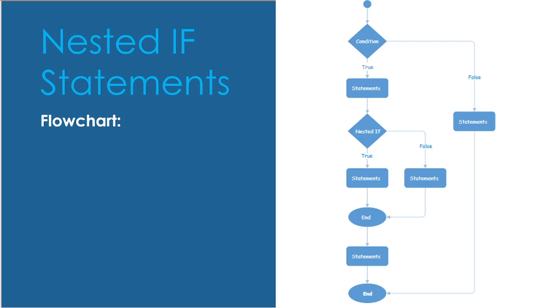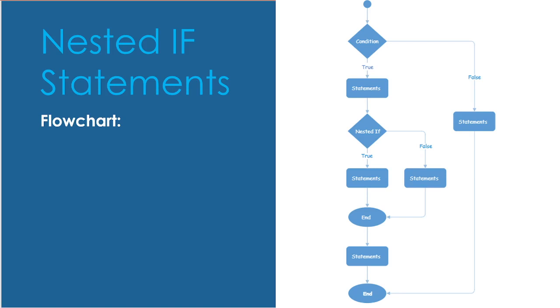I'm sorry, let me clarify that. To create a nested if out of those scenarios, the first if or the first condition is whether you are a student or not. If you're a student, yes, then we can create another nested condition, which will only be applied if the person is a student. So again, the first question is, are you a student?